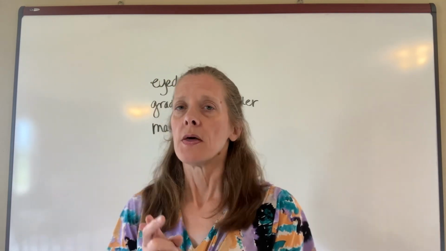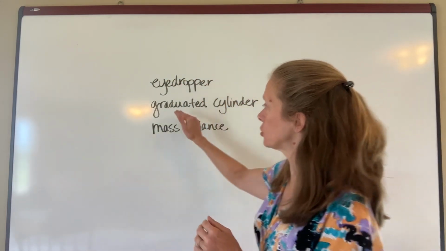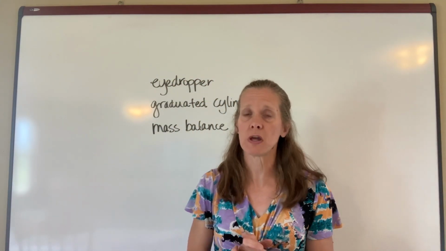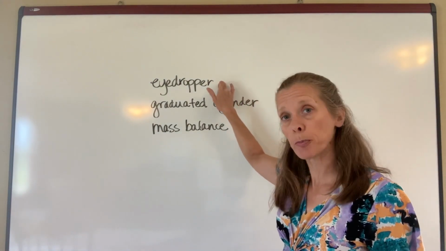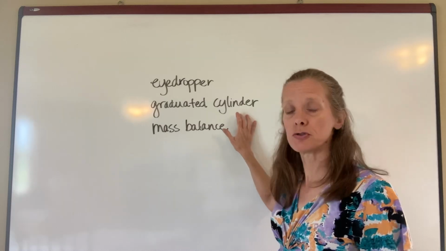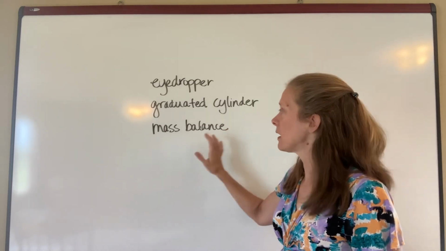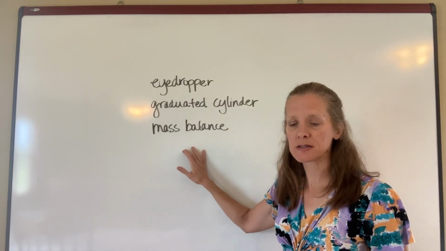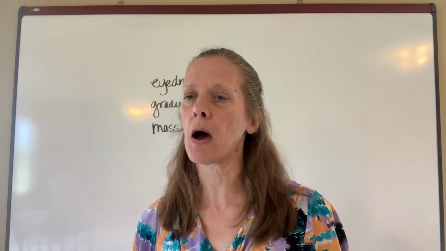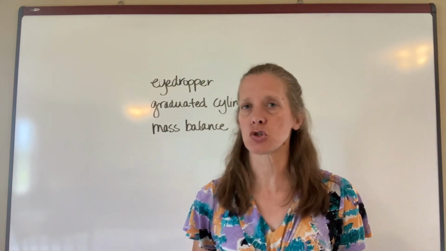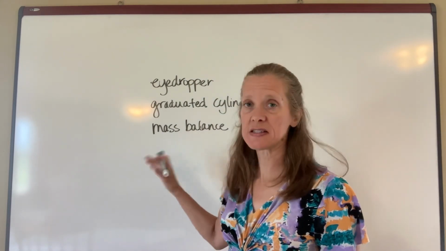Now, there were 3 specific tools that I told you that you would be able to use. I told you to use an eyedropper. I told you that you could use a graduated cylinder. And I told you that you could use a mass balance. Well, why would I tell you to use those things? First of all, let's think about what you can measure using these things.